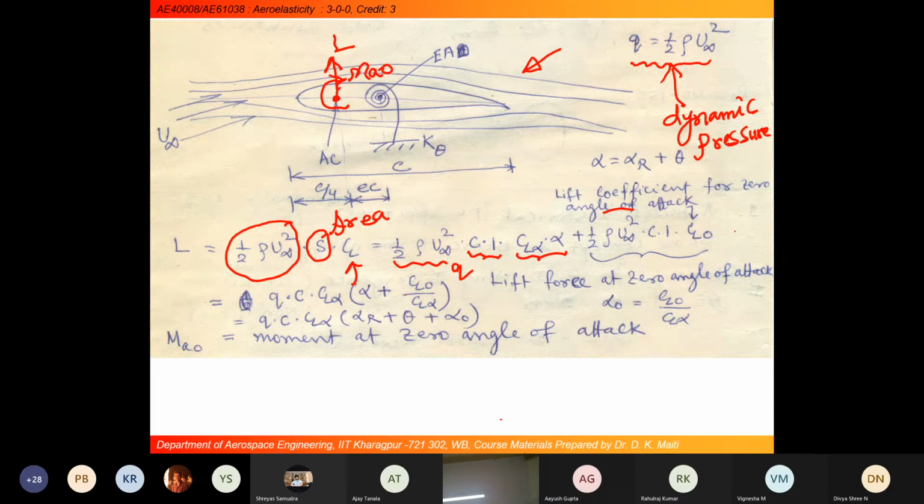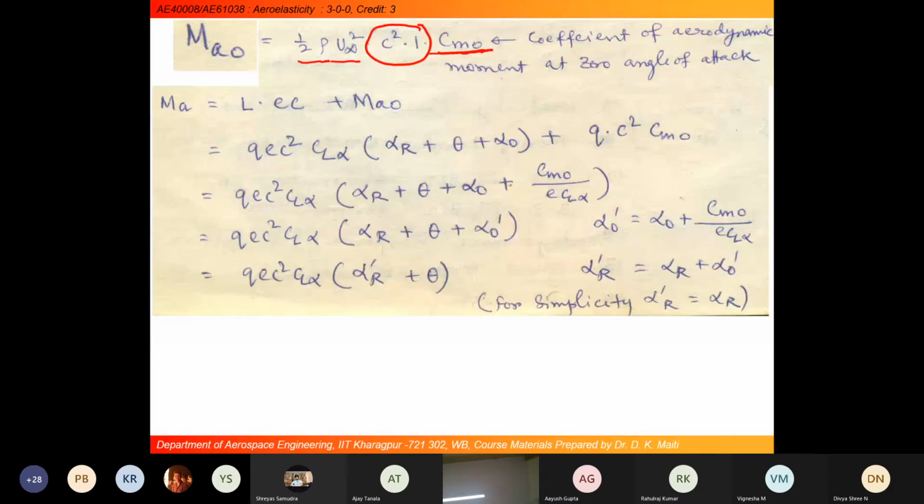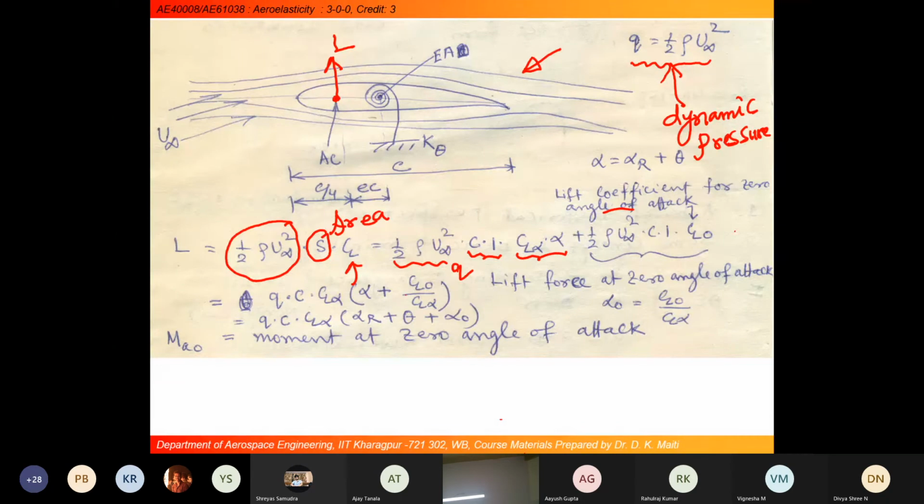This Ma naught, if I add together, if I am considering the eccentricity of this point, the aerodynamic center to elastic axis is nothing but E into C. That's what I have shown here.